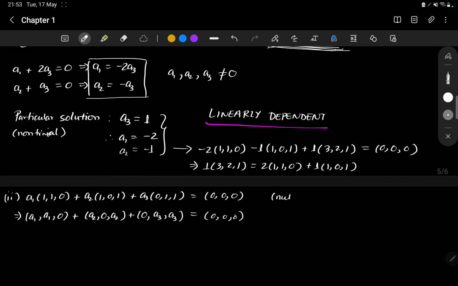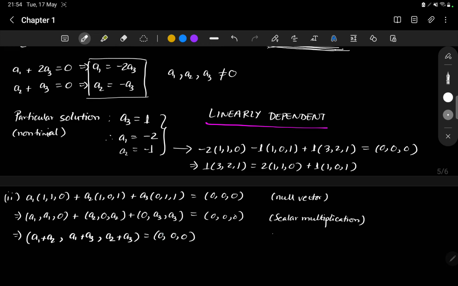So this is null vector, this is scalar multiplication, and then let us add them up. This is from addition.